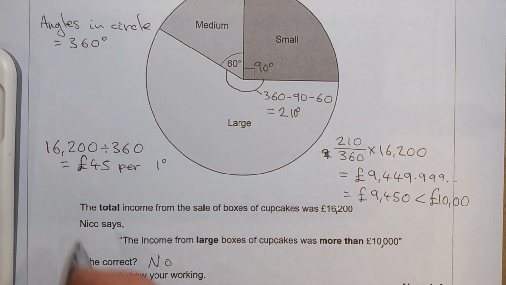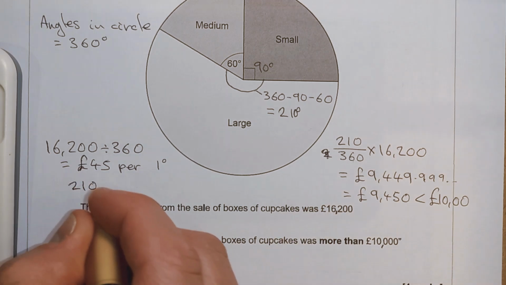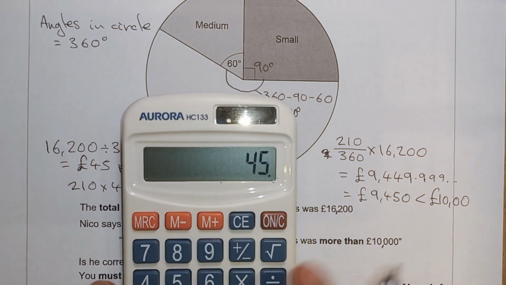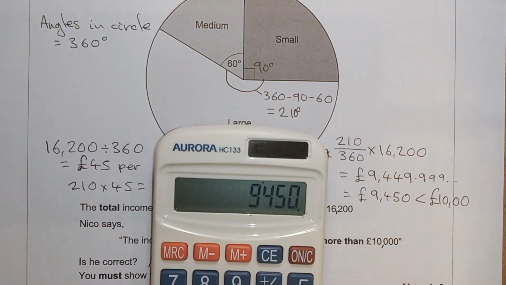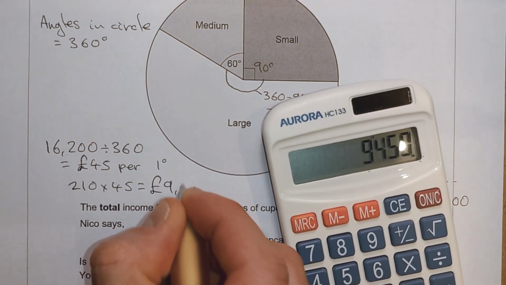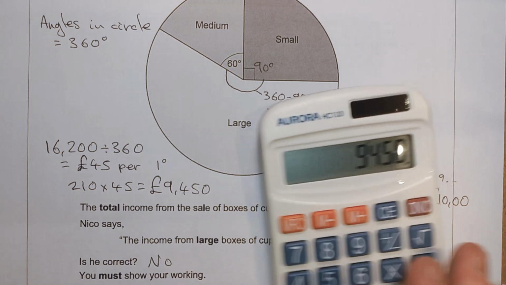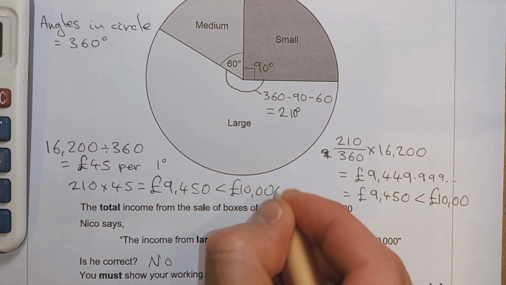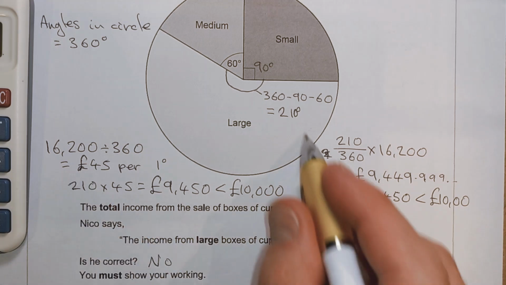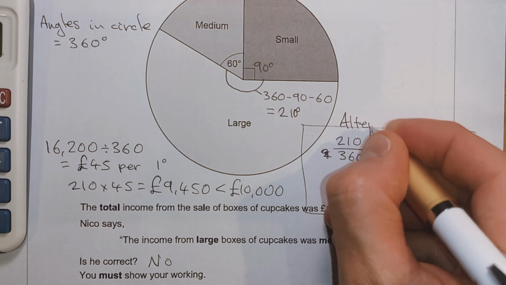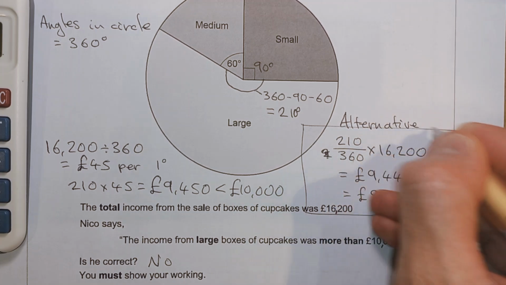We know we've got 210 of them, so we can do 210 times 45, or 45 times 210, and that gets us nice and easy to 9,450, which is still less than 10,000. So actually, I think I prefer this method. So I'm going to do this as an alternative method.